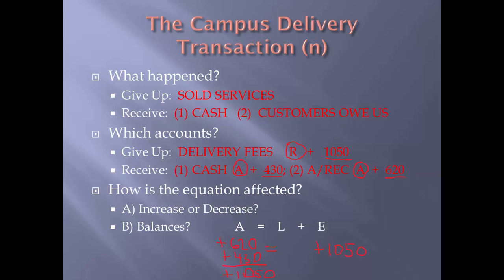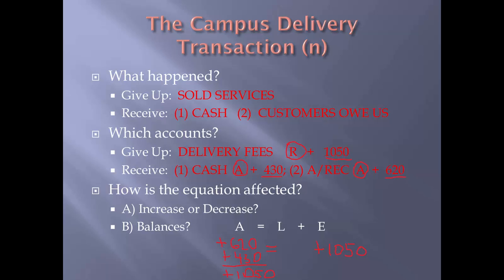So now I'm going to put it down in my equation, using the numbers as well as my pluses and minuses. I have a plus 620 for accounts receivable, which is an asset, and a plus 430 for cash, which is an asset. I add those two pluses together, and I get a plus 1050 under assets.